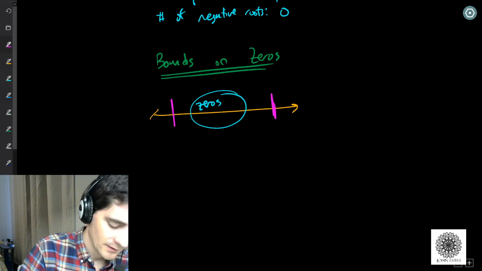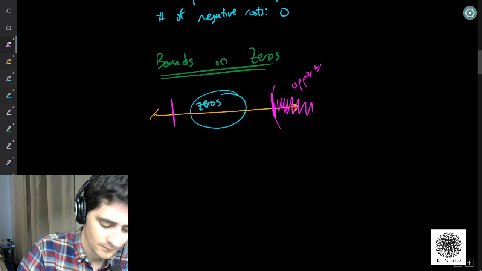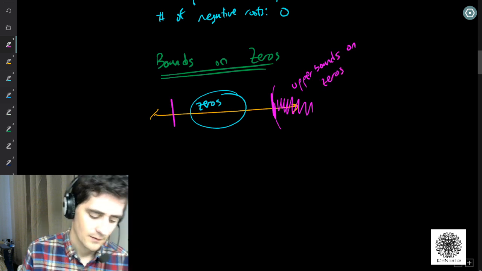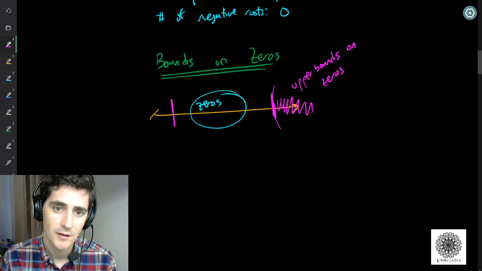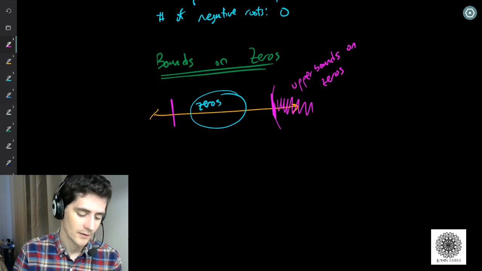Then all of these numbers here are called upper bounds on zeros. An upper bound means that if there's a 0 of this polynomial, it's going to be less than that upper bound.